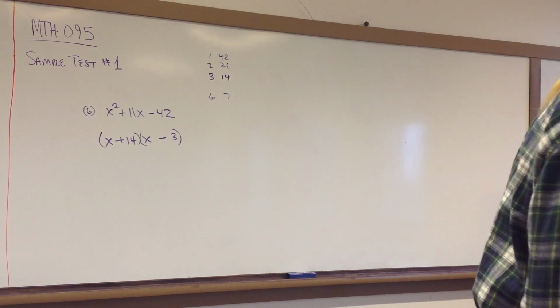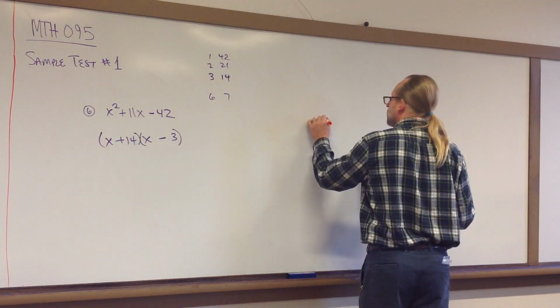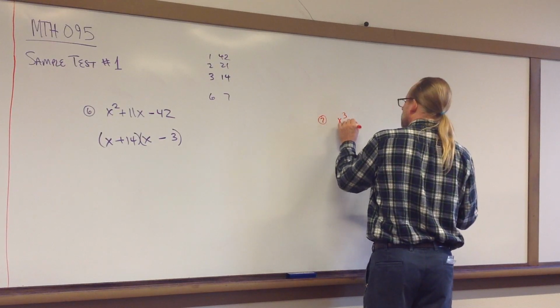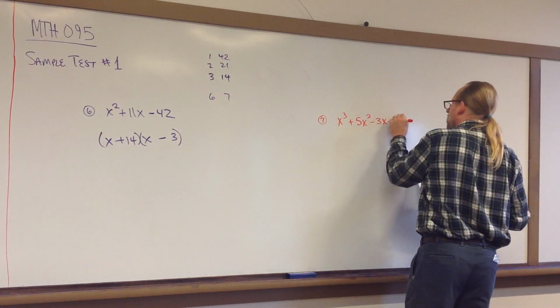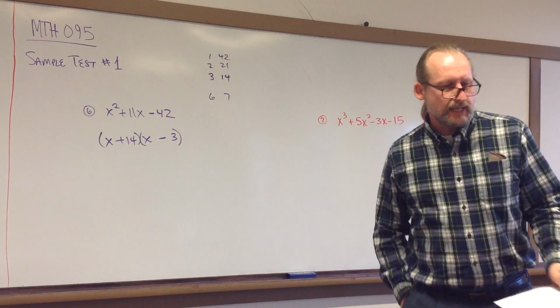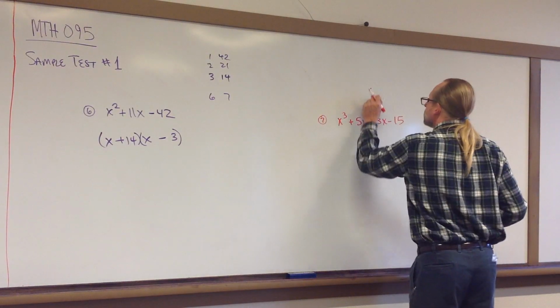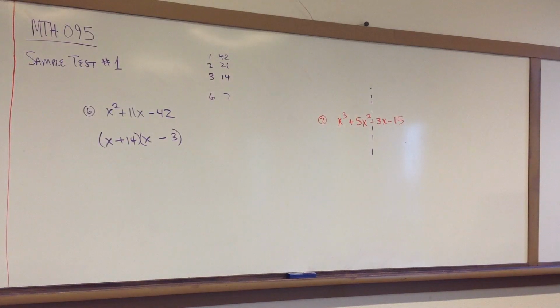Problem 7. Notice problem 7, the format. You've got 4 terms. This is a factoring by grouping problem. And so the key here is to split this into 2 pieces and factor those 2 pieces separately to begin with.